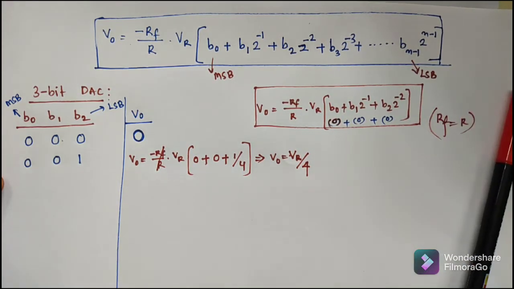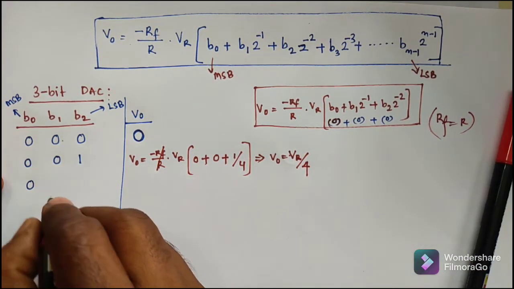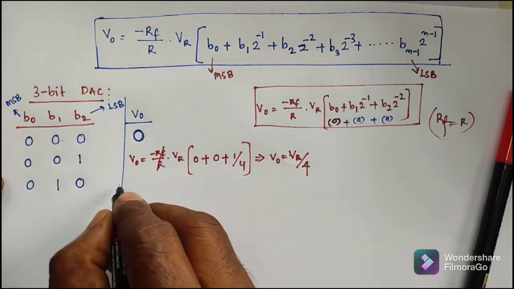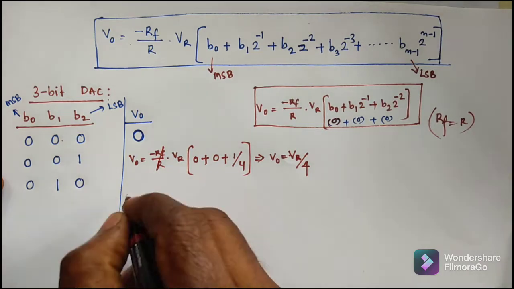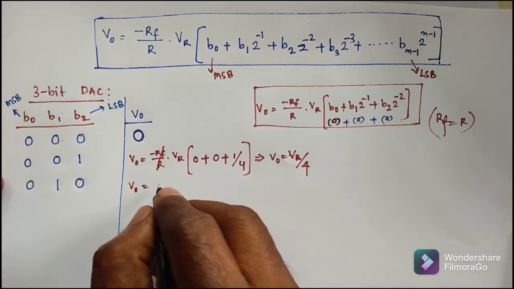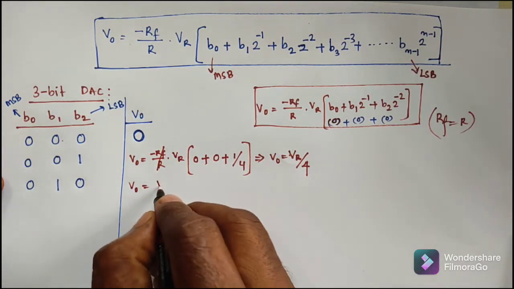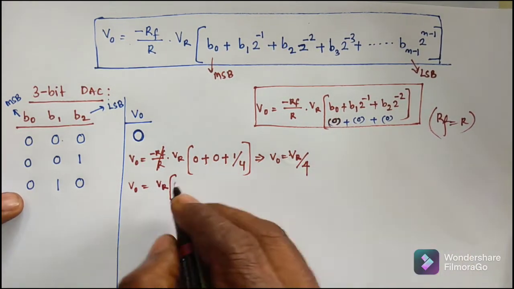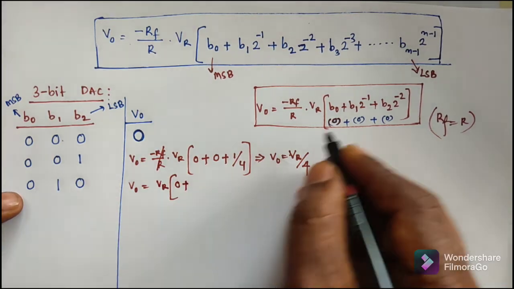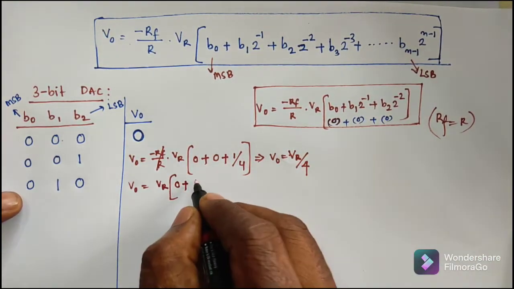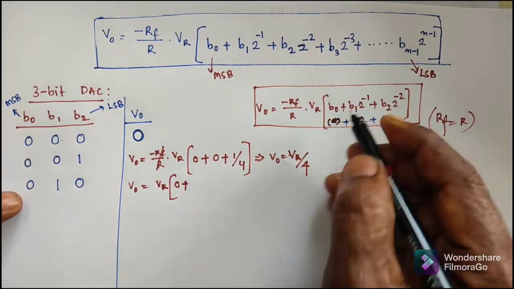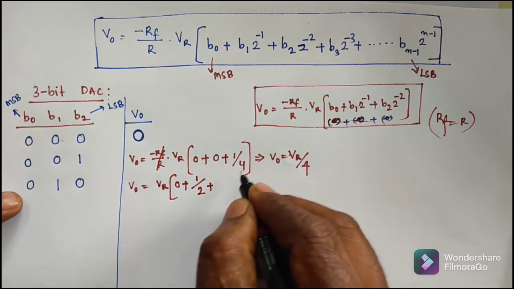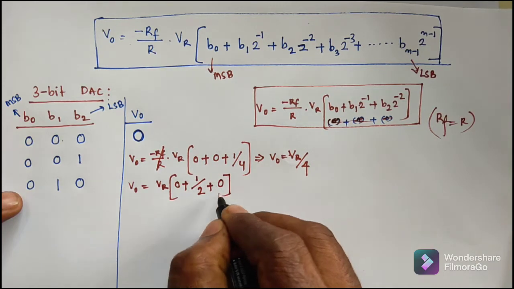Now I am taking another sample, 0, 1, 0. For this response, V0 is equal to, same example, both are the same, simply you can take VR into 0, the first term is 0, plus the middle term B1 value is 1, that's why the response is 1 by 2 plus 0.